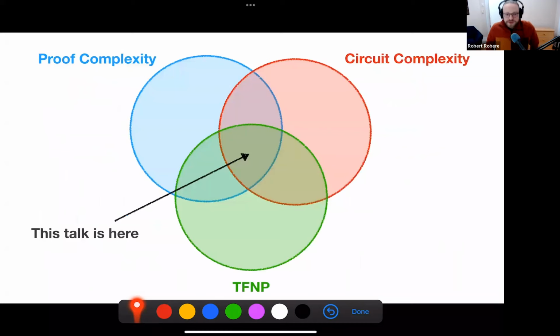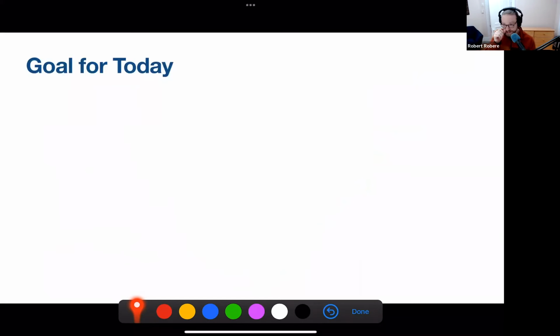If you want to describe this talk in one diagram, it's basically this: this talk is going to be at the intersection of proof complexity, circuit complexity, and TFNP.